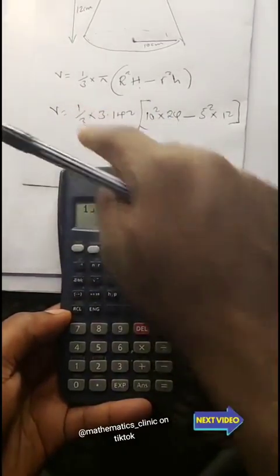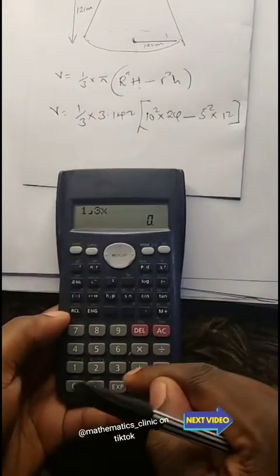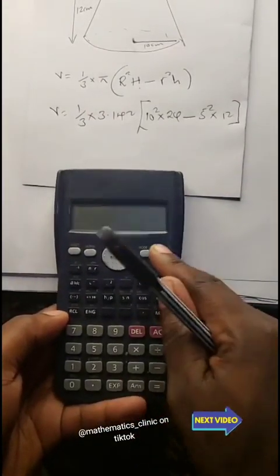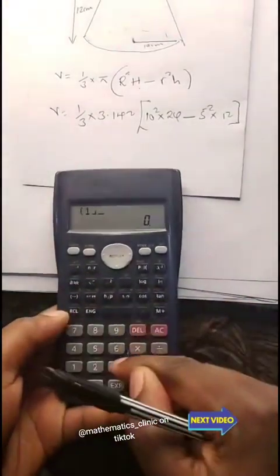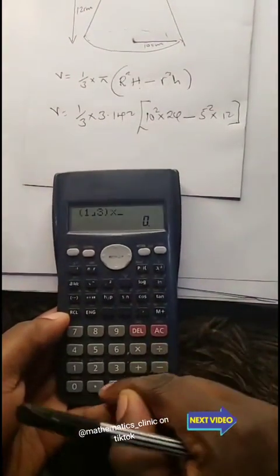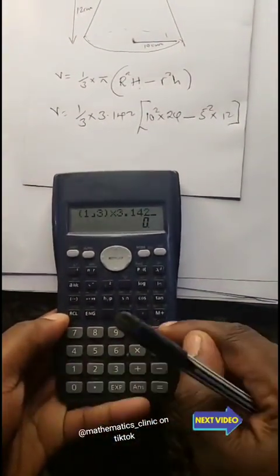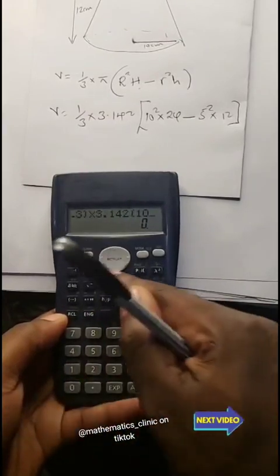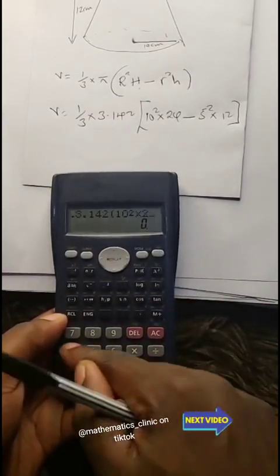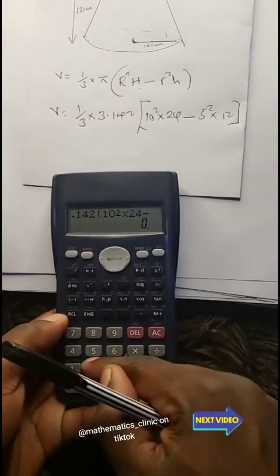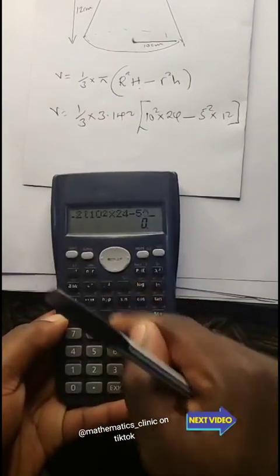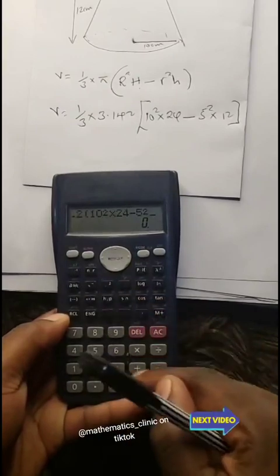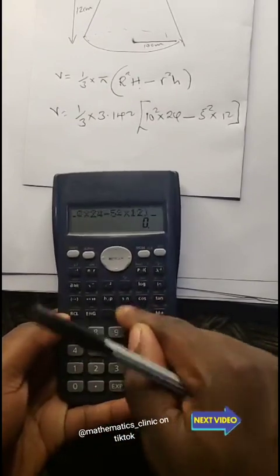So we're saying 1 over 3 times 3.142. I prefer putting the fraction in brackets because sometimes it comes out wrong. Then we open our bracket: 10 squared multiplied by 24 minus 5 squared multiplied by 12, close bracket.